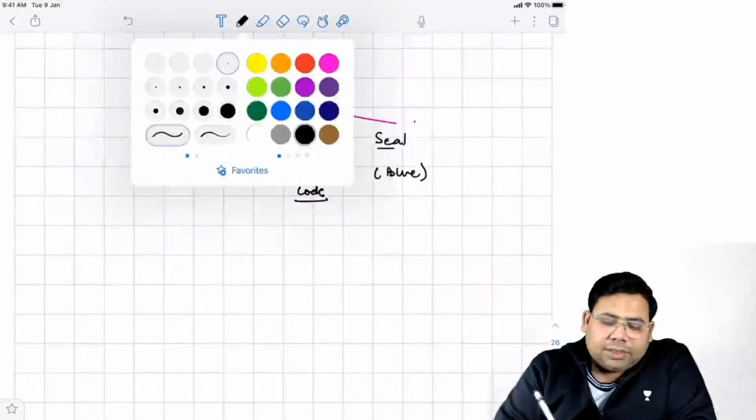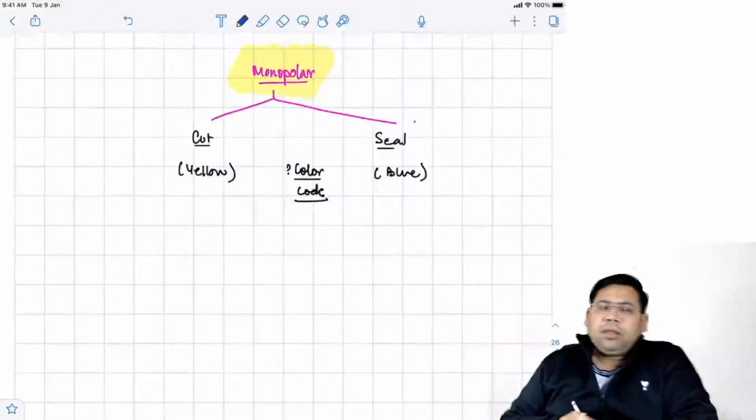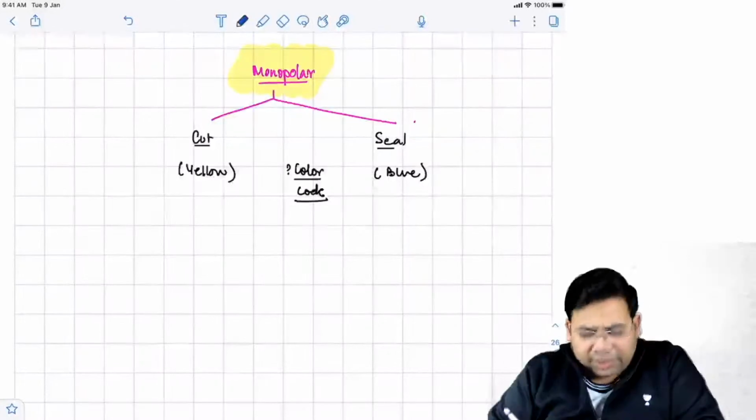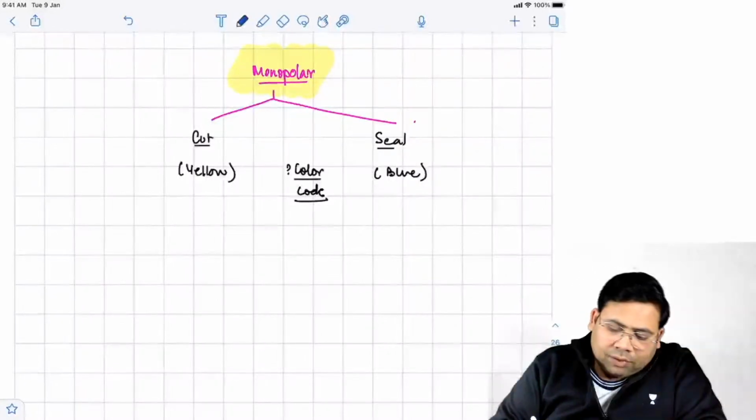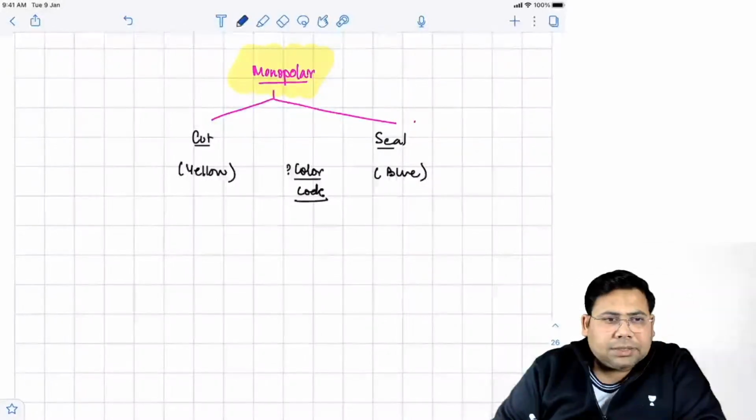Let us try to understand them. The first very important thing is, what is the current kinetics?